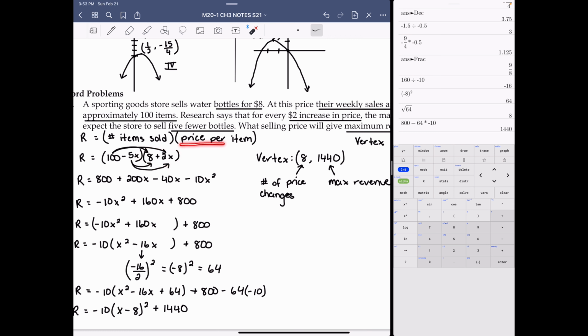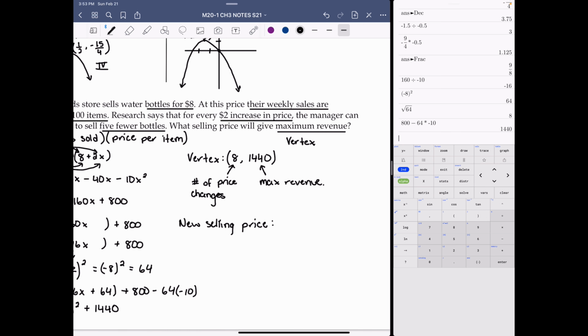Because that represents the price per item. So it started as 8, but we're going to add $2 x number of times. And we just determined that x is 8. So we can calculate the new price. It's 8 plus 2x, which equals 8 plus 2 times 8, because in our vertex, x is 8.